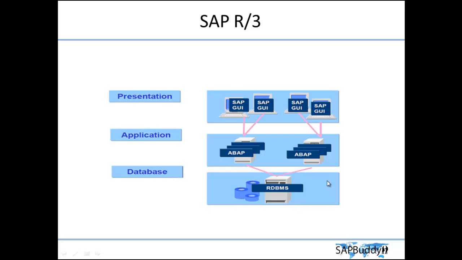The database can be almost all the most popular relational databases supported by SAP, like Oracle, Microsoft SQL, DB2, Informix. Mostly used is Oracle. So this is the SAP R/3 architecture.